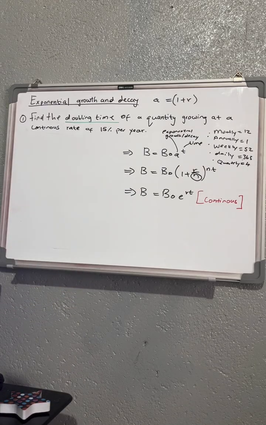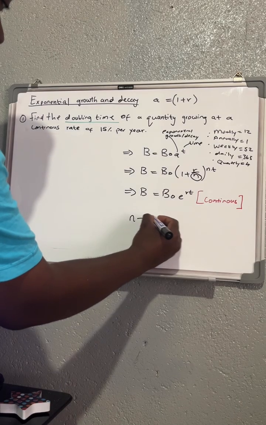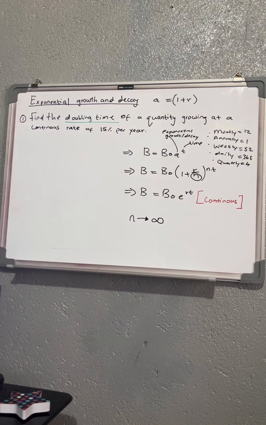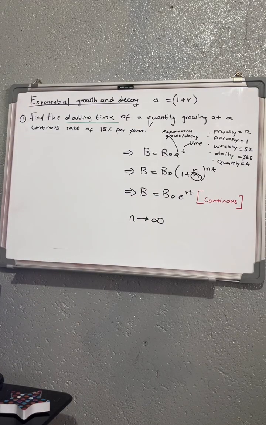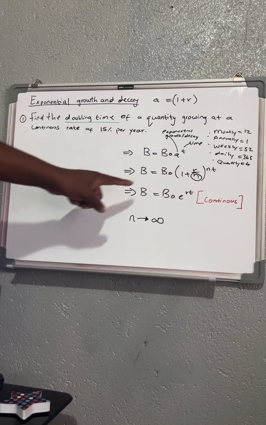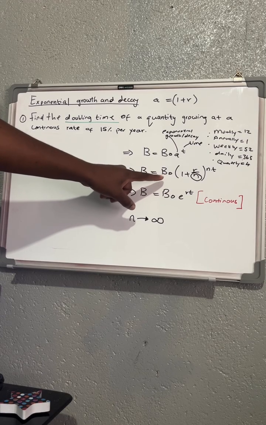We don't necessarily have a specific n. So our n is trying to approach positive infinity, but it will never reach positive infinity. It means in this instance, we are going to be making as many deposits as possible within that 5 years.